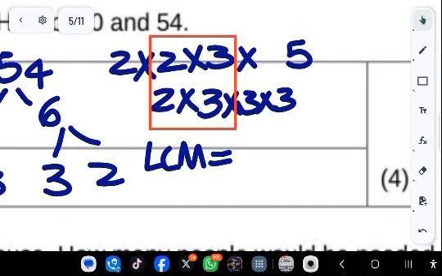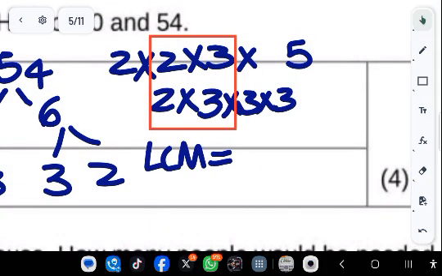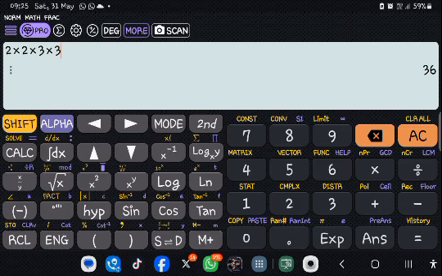So you multiply two 2s and three 3s, and then 5.